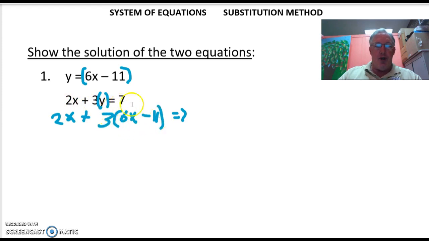Now we're going to simplify this, and in this case we're going to use the distribution method. So we're going to rewrite 2x plus, and we're going to multiply 3 times 6x, 18x.